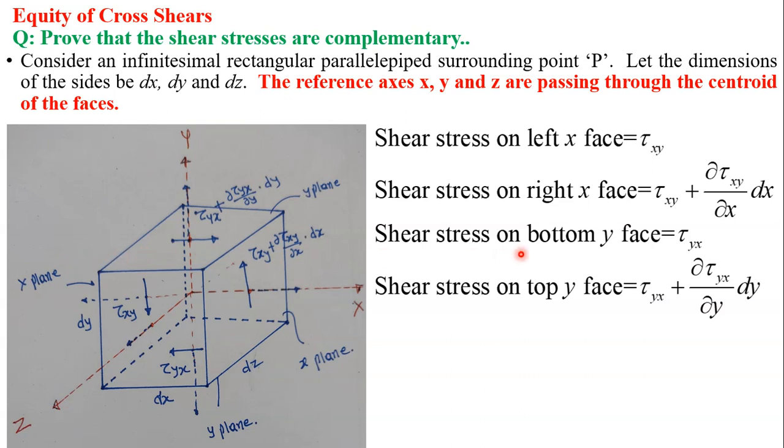Similarly, the stress acting on bottom y face, this is bottom y face, is tau yx. Now we will move through dy and reach the top y face, and on top y face the stress acting is tau yx plus the increment.